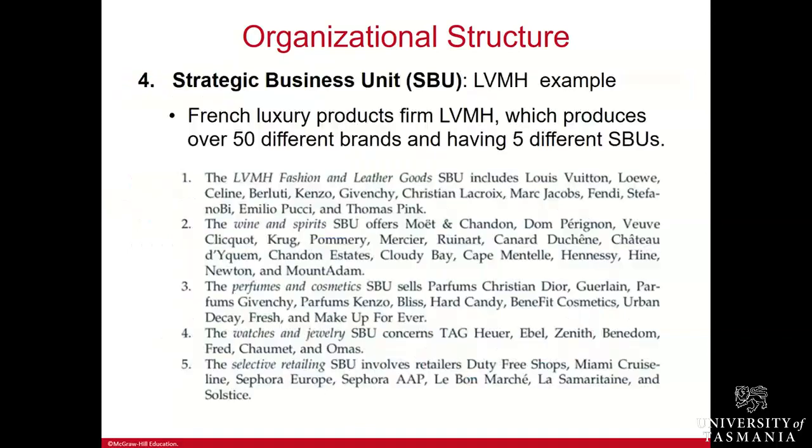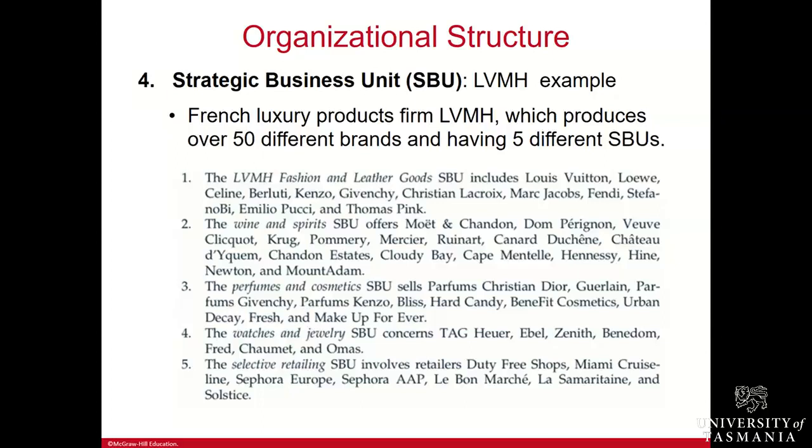Okay, our example is here. This is the French luxury products firm LVMH, which produces over 50 different brands and has 5 different strategic business units. Let's see what these are. The first one is fashion and leather goods. The second one is wine and spirits.